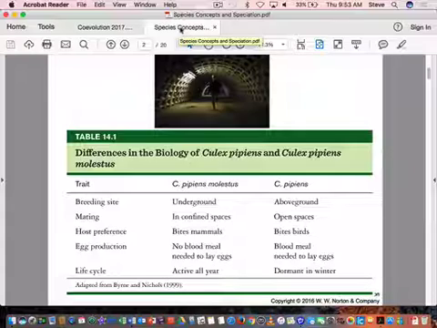The other question we might ask ourselves is whether there is any potential for these two populations, or subpopulations of Culex pipiens, to interbreed, right? What do you think? It's hard to say.